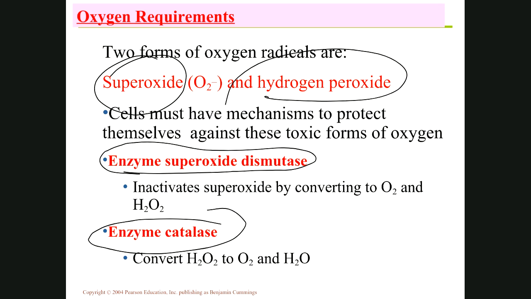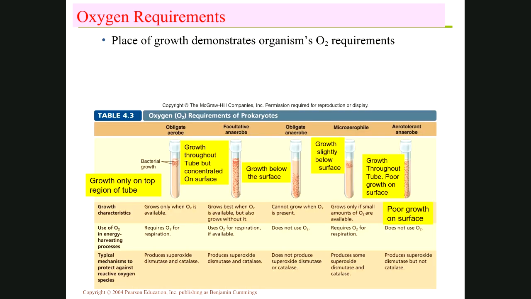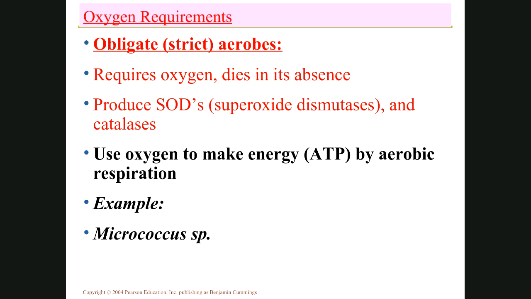That's not the case with prokaryotes. Prokaryotes have a much more diverse relationship with oxygen. So there are many different types of oxygen requirements for microorganisms, for prokaryotes. Let's go over those, and let's start with one that we're familiar with, the ones that need oxygen.